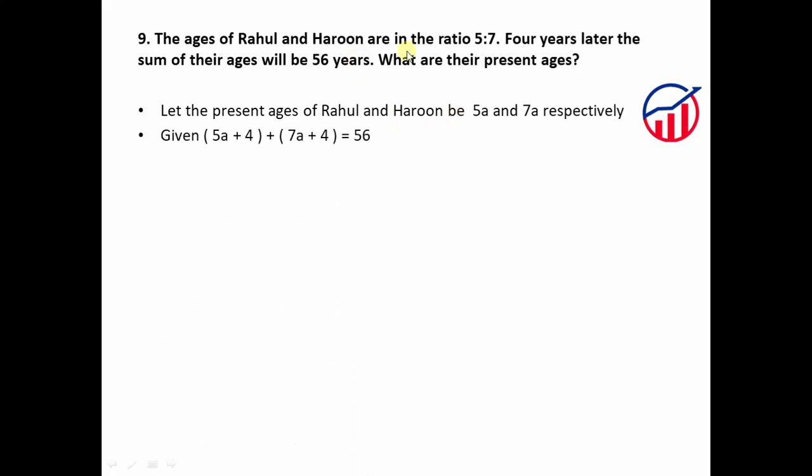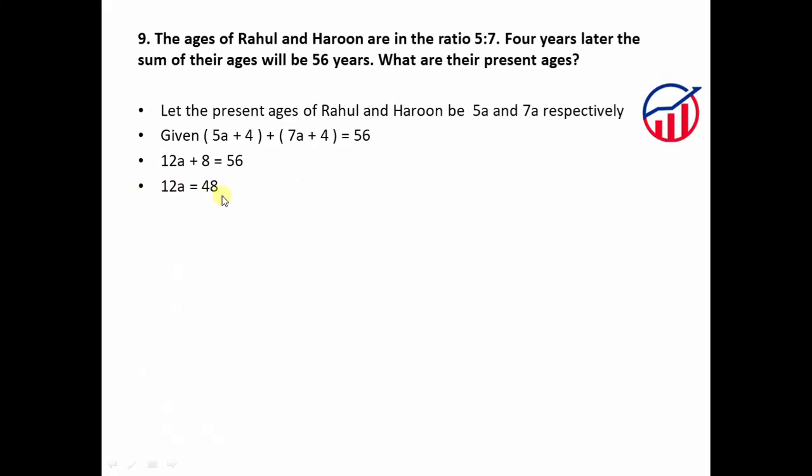So given what? 4 years later, the sum of their ages will be 56 years. So 5a plus 4 plus 7a plus 4, where 5a and 7a are the ratio of the ages, is equal to 56. So let's go and solve it further. You have 7a plus 5a is 12a, plus 8 is 56.